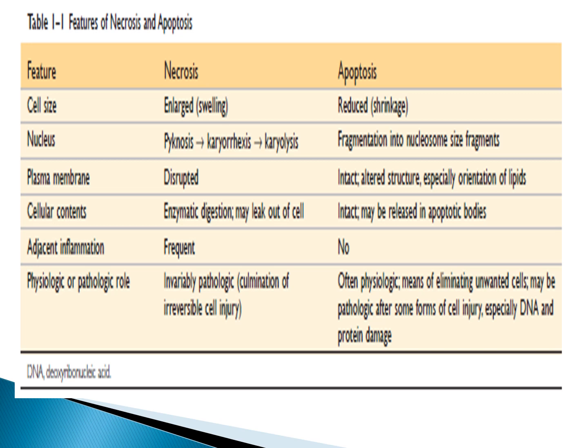But when we come to apoptosis, and you will see in the lecture of apoptosis that the cell size is reduced, there is cellular shrinkage, and the nucleus will undergo fragmentation into small size fragments. The plasma membrane is intact, and this is a very important thing in apoptosis: there is no disruption of the plasma membrane, and the cellular contents stay inside the cell and intact, and there is no release or spillage to the outside, so there will be no inflammatory cells in the area.